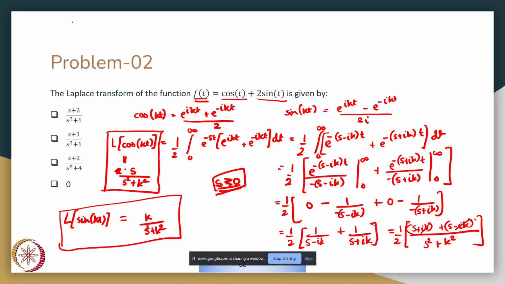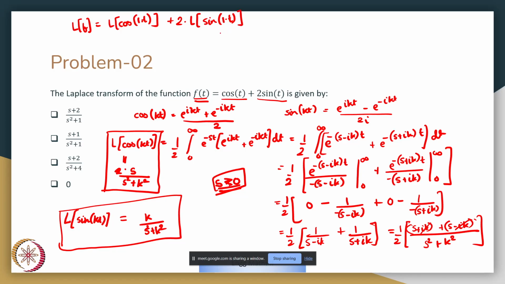And for our case, we essentially have L of f of t is nothing but L of cos of t, which is cos of 1t, plus twice the Laplace transform of sine of 1 into t.